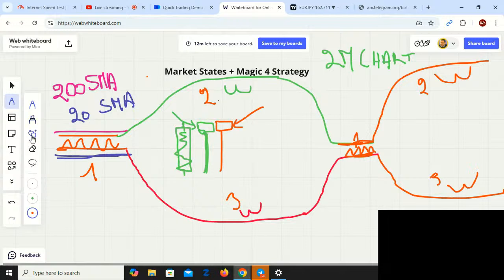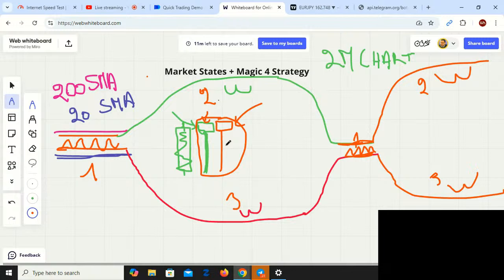Now, a pro tip. Let's say you come to the charts, you find your magic four, your 20, 200, price in a narrow state, swing high, swing low, and you see that you already have this thing over here formed to the upside. If you see a second one forming like this, regardless of the color, red or green, when those two happen back to back, these are extremely powerful buy signals.